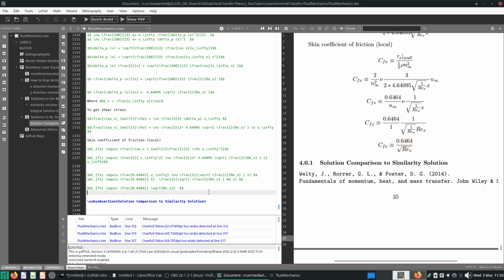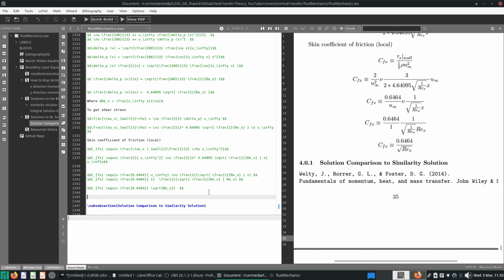Then there's the average skin friction coefficient. So how do we get this average skin friction coefficient? We call it C_f bar, some people call it C_FL, because we're averaging.